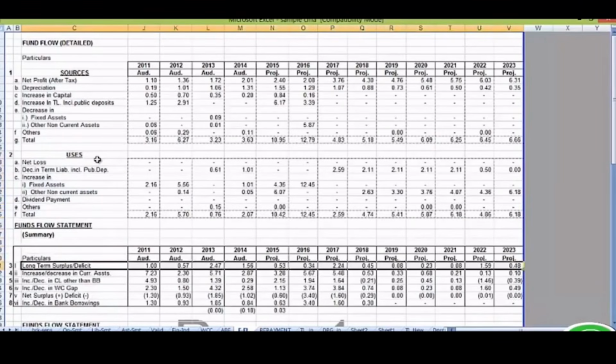So there were some long-term sources, there were some uses. After usage there should be some surplus, or it can also be a deficit. If there is surplus, how the surplus was used for further activities, or if there is deficit, how the deficit was managed, that is what I explain in the subsequent lines. All this we will understand in a separate session.